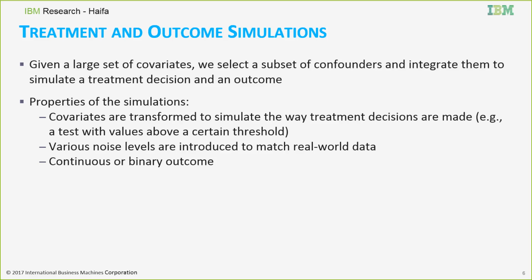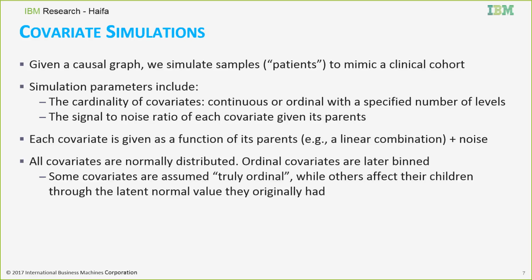And there are different parameters you can set. For example, which covariates are used as a confounder, which as a treatment modifier, how much noise you would like to add to the system, and so on, and whether the outcome is binary or continuous.